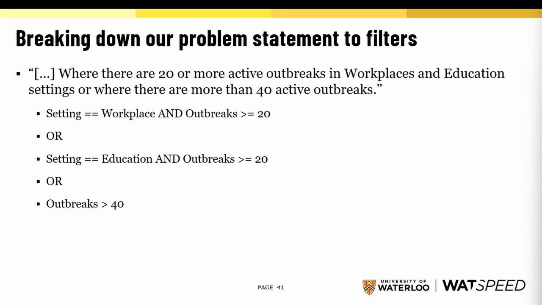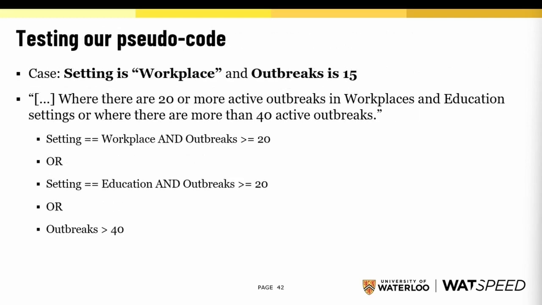So let's test this by plugging in a couple of test cases. Let's say the setting is equal to workplace and the number of outbreaks is 15. If we substitute values in, we see that the setting is workplace, so this part will be true. The number of outbreaks, 15, is not greater than or equal to 20, so this part will be false.